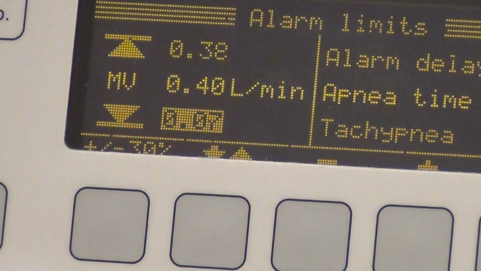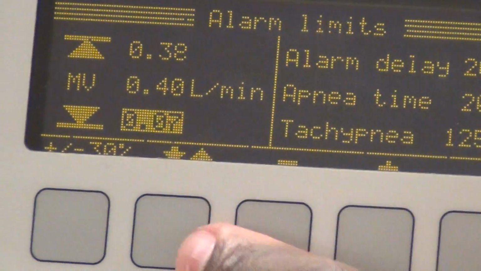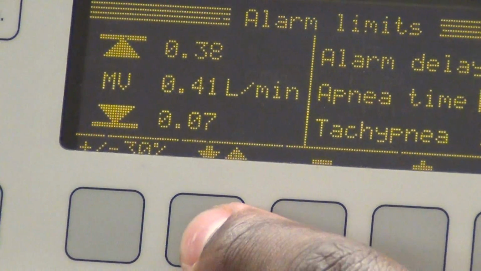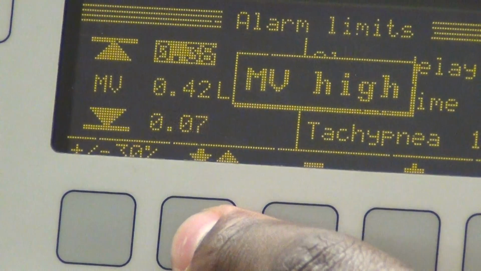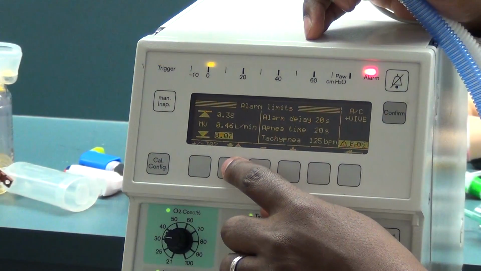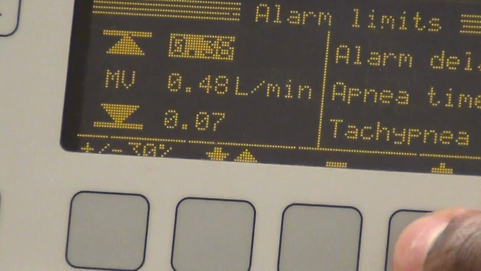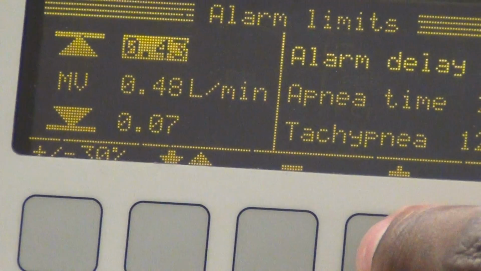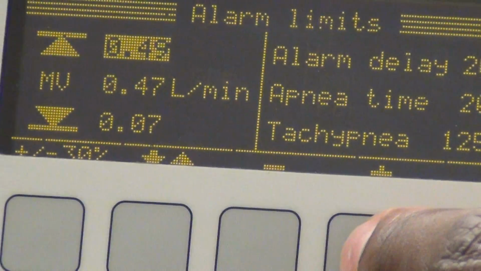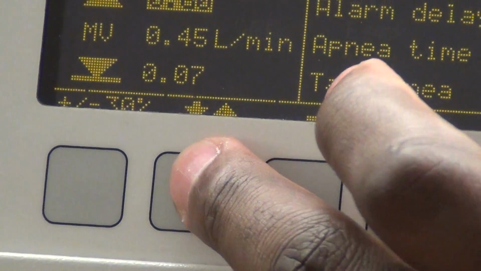In order to make that adjustment, we have this double arrow key that helps us to cycle both sides of the machine. So we'll make that adjustment to our high minute ventilation, 0.6. We press the plus key. All right, so we have that set.